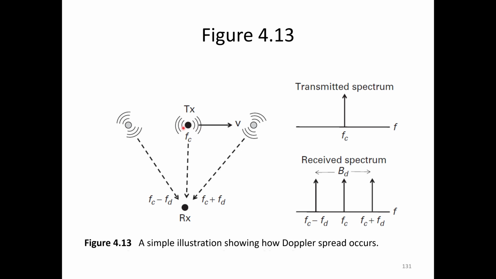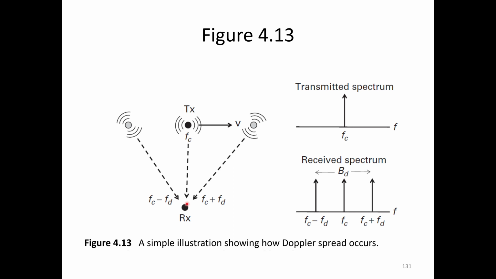Because the transmitter is moving away from this scatterer, the frequency of the signal from this scatterer is Fc minus Fd. The frequency will be decreased by the amount of Fd.